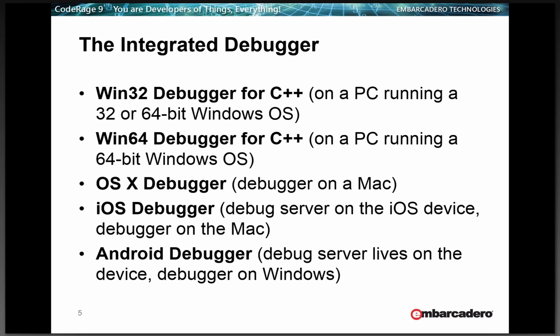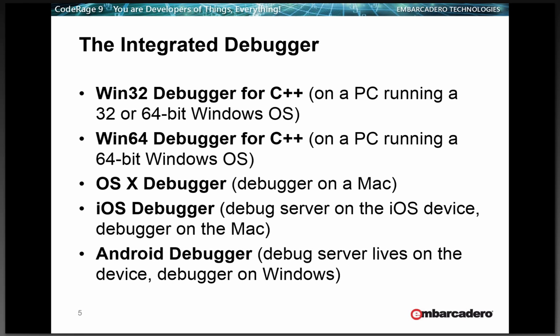To use the integrated debugger, and this slide tries to talk a little bit about it, if you're doing Win32 debugging, you need a Win32 or Win64 operating system to run on, right? Our IDE runs as a Win32 app currently, but you can debug a 32-bit app on 64-bit Windows. You can debug a 32-bit app on 32-bit Windows, and the IDE runs on Win32 or Win64.